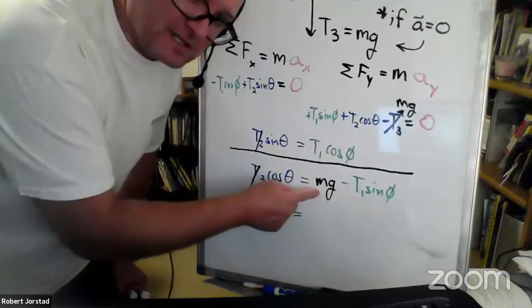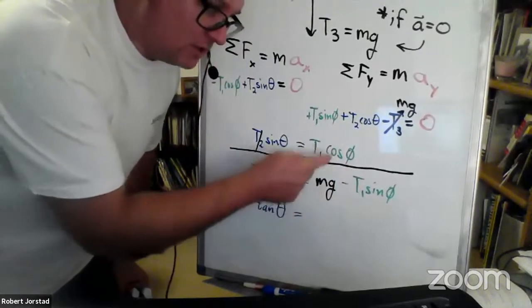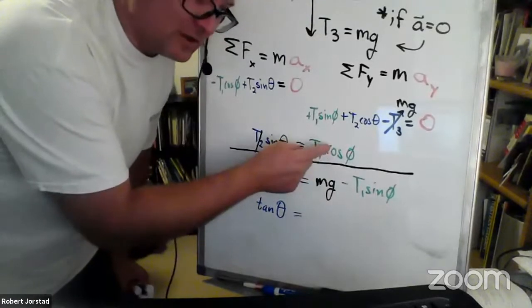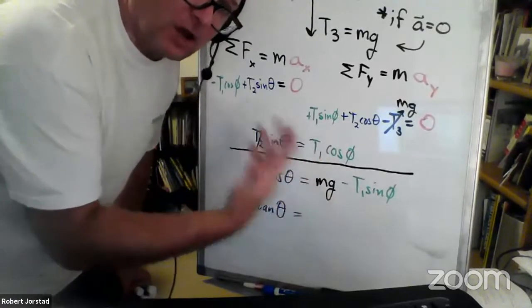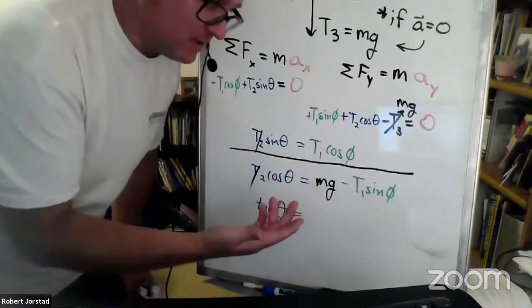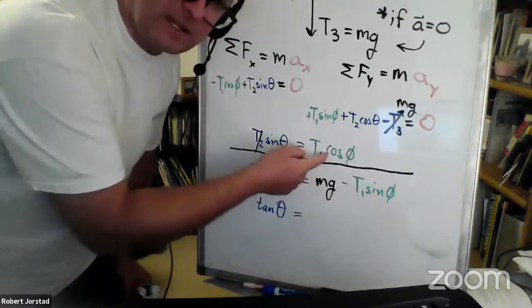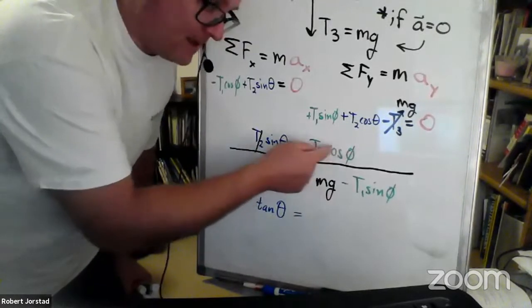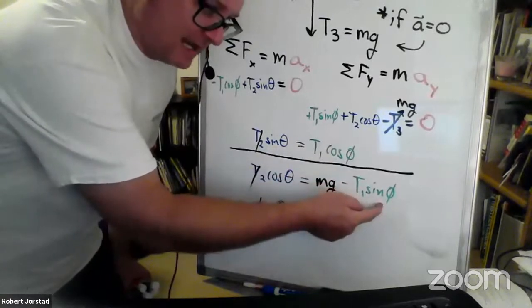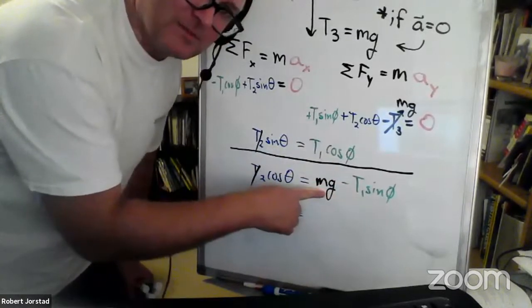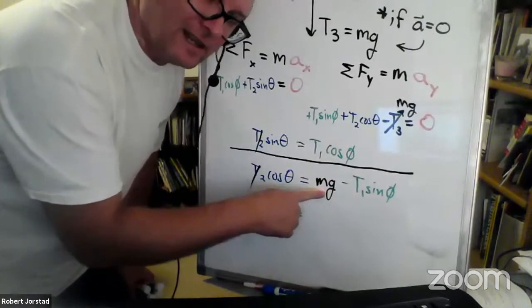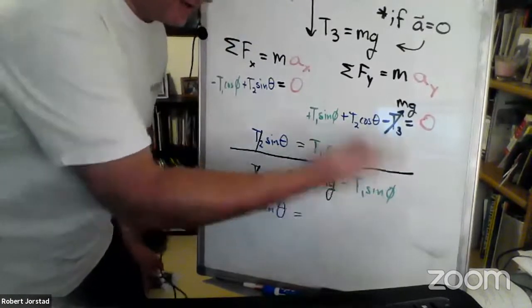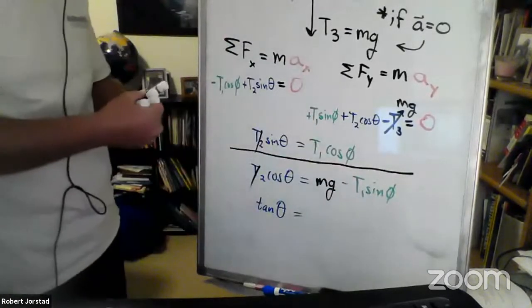Well, this term doesn't have any cosine. Whatever you do to one term in either the numerator or the denominator, you have to do to all terms. Otherwise, you're changing the equation. So you could divide by cosine phi. It would drop out here. It would make this a tangent, but then this would become mg over cosine phi. So basically, there's not much you can do over here to clean it up. So let's just leave it.